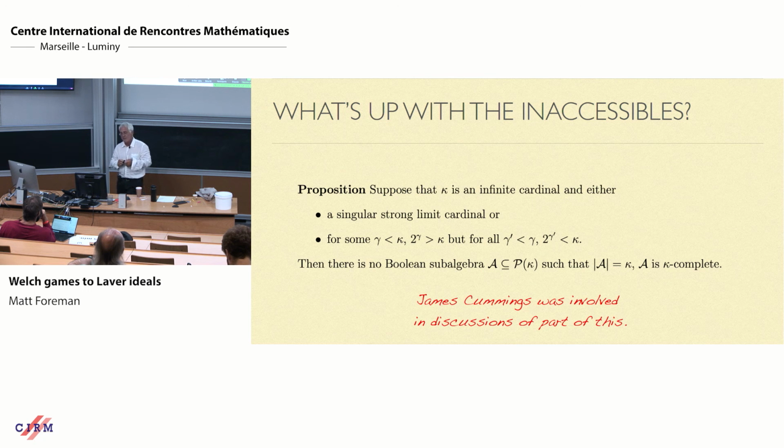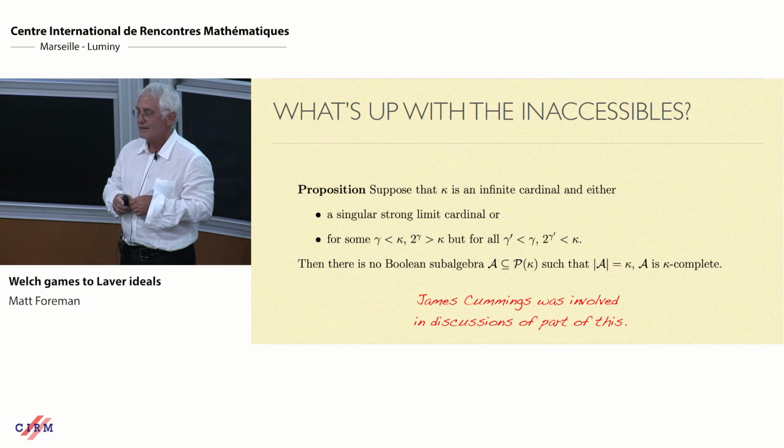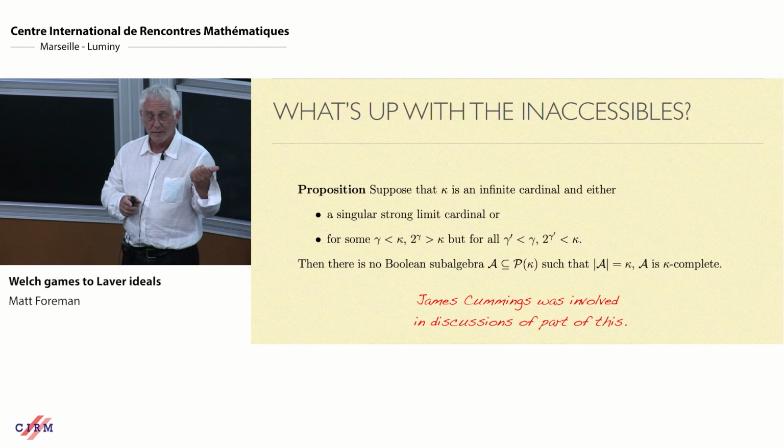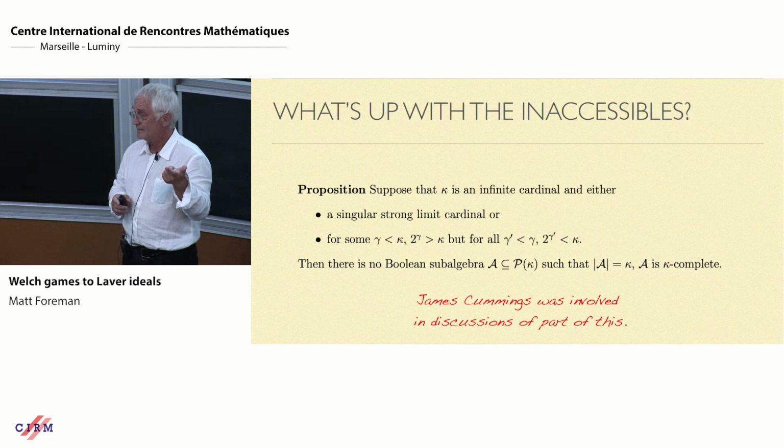Okay, so the proposition is: take your favorite infinite cardinal and assume that kappa is either a strong limit cardinal, or that there's some gamma less than kappa with 2 to the gamma bigger than kappa, but for every gamma prime less than gamma, 2 to the gamma prime is less than kappa. Then there's no Boolean algebra contained in the power set of kappa which is both kappa complete and has cardinality kappa.